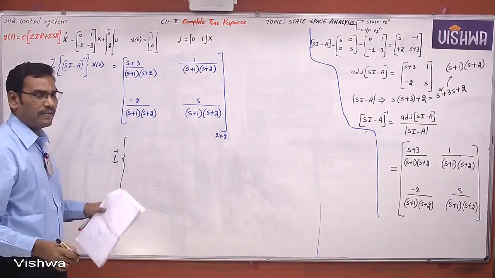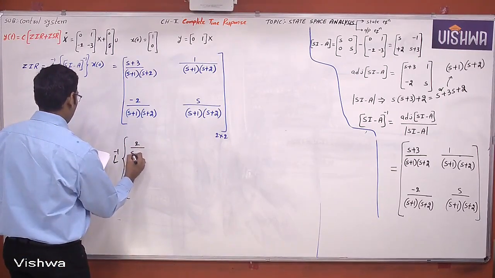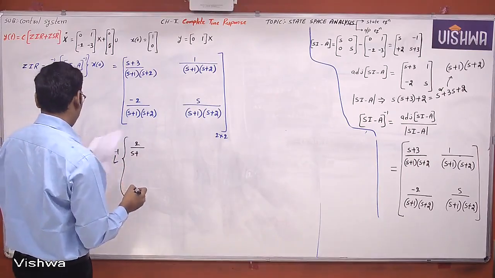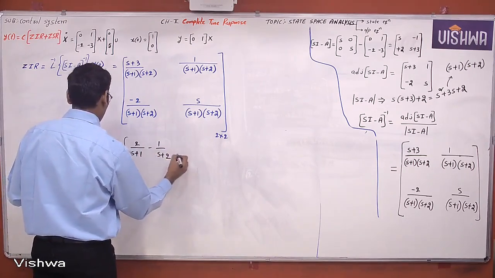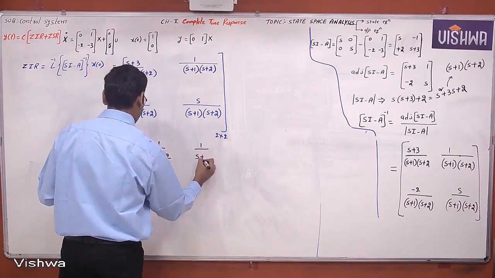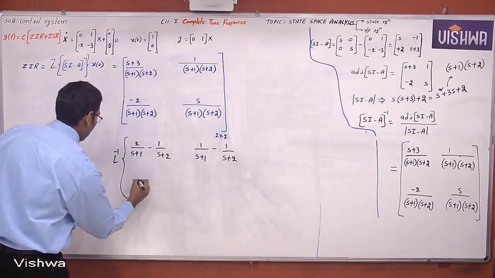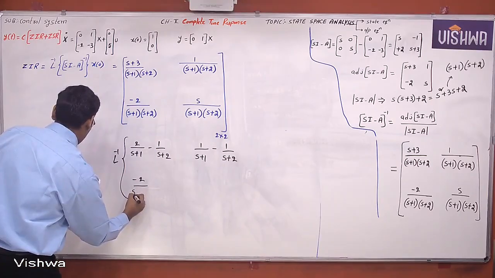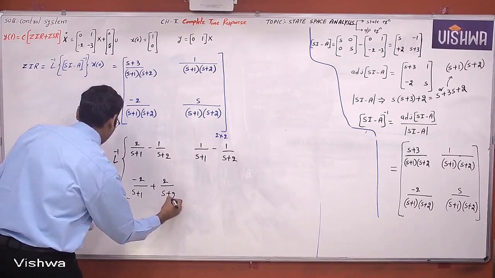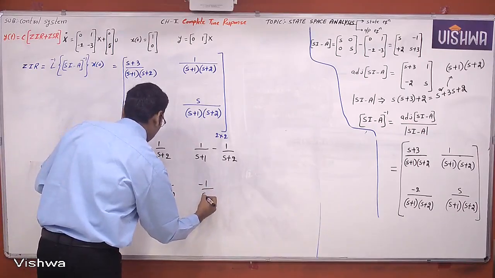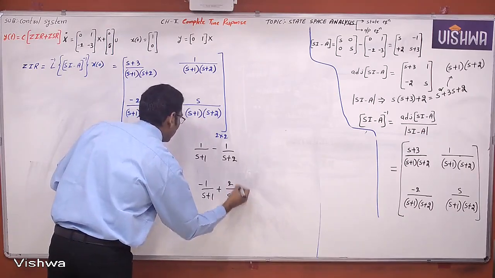After doing the partial fractions, we get 2 by s plus 1 minus 1 by s plus 2, 1 by s plus 1 minus 1 by s plus 2, minus 2 by s plus 1 plus 2 by s plus 2, minus 1 by s plus 1 plus 2 by s plus 2.